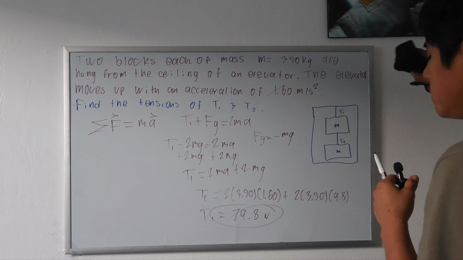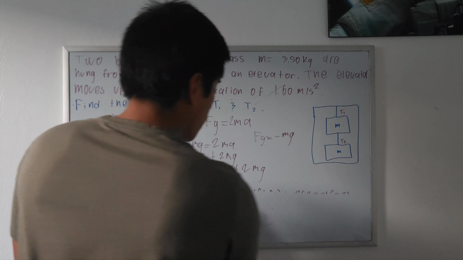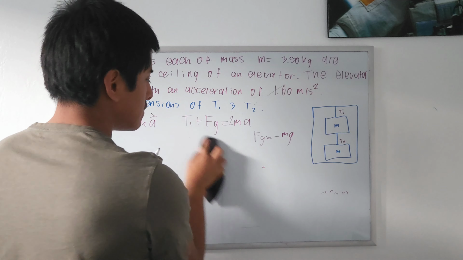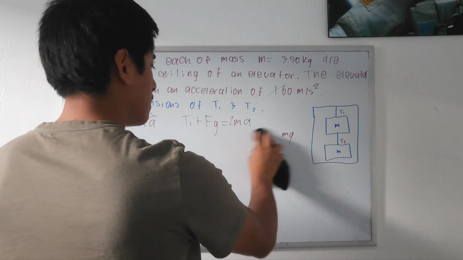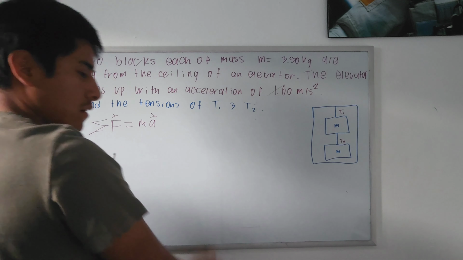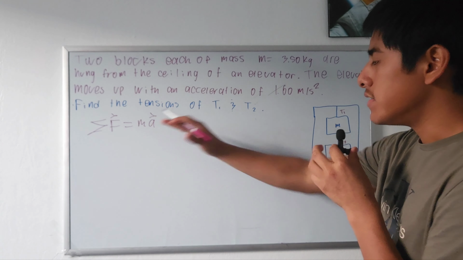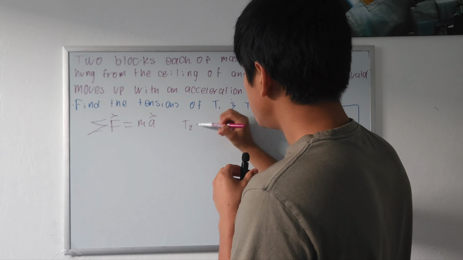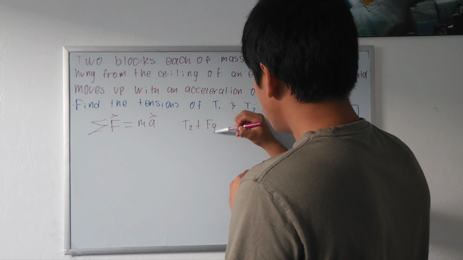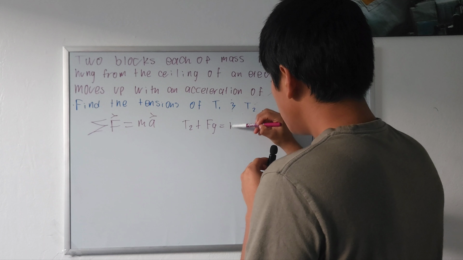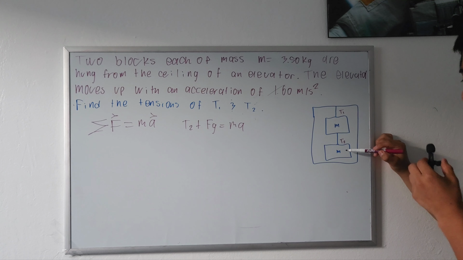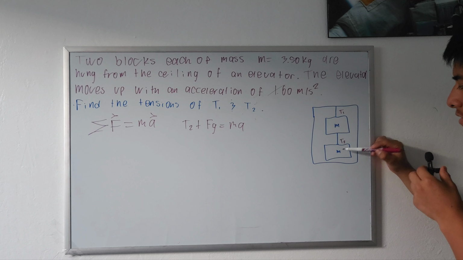That's how you find T1. Now, to find T2, it's going to be almost exactly the same. So we have this equation again, and we're going to write down the forces again. So now we have T2 plus the force of gravity equals the mass times the acceleration. But if you look at T2 right here, it's just pulling up this single m.